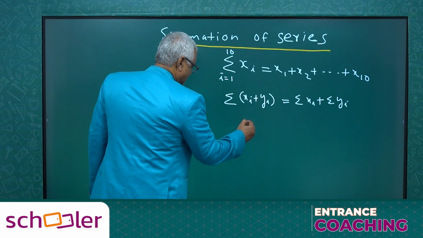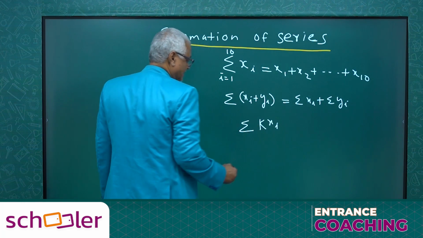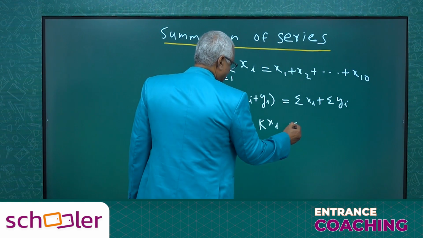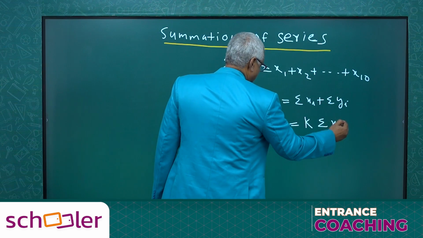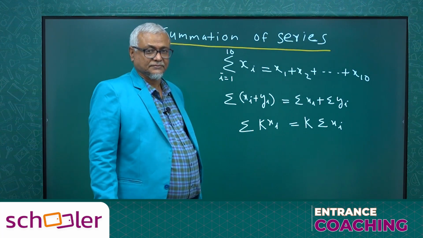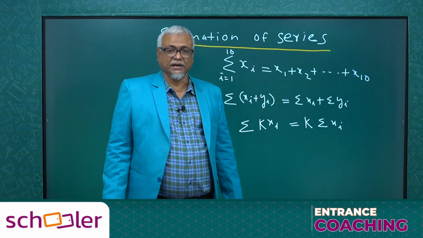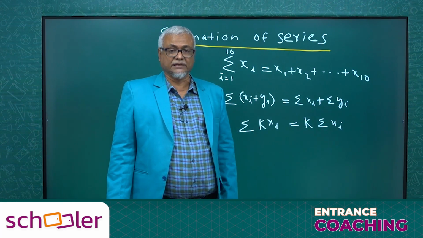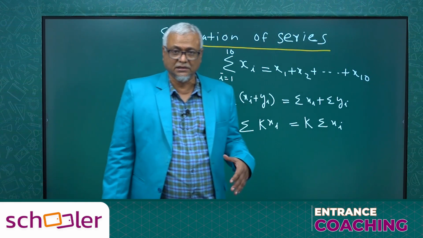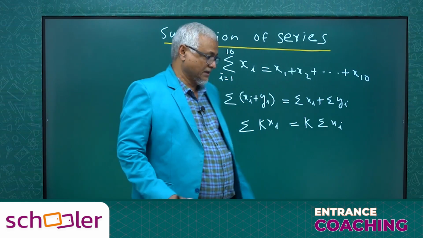And sigma of a constant k into xi can be written as k times sigma xi. You can take the constant outside, okay. What is sigma of xi plus yi? Sigma xi plus sigma yi. And what is meant by sigma k into xi? It is k into sigma xi, okay. You can take the constant outside.